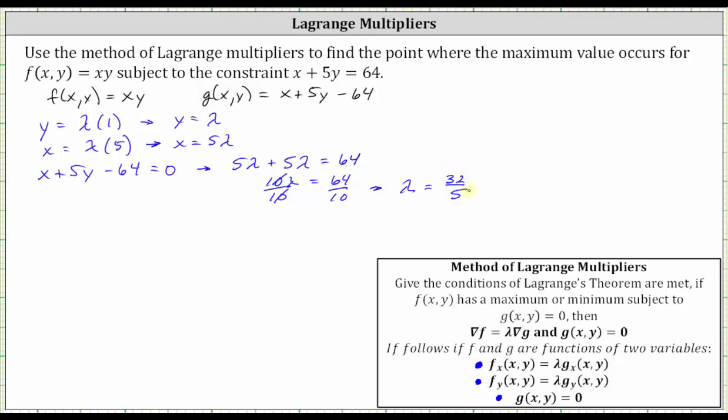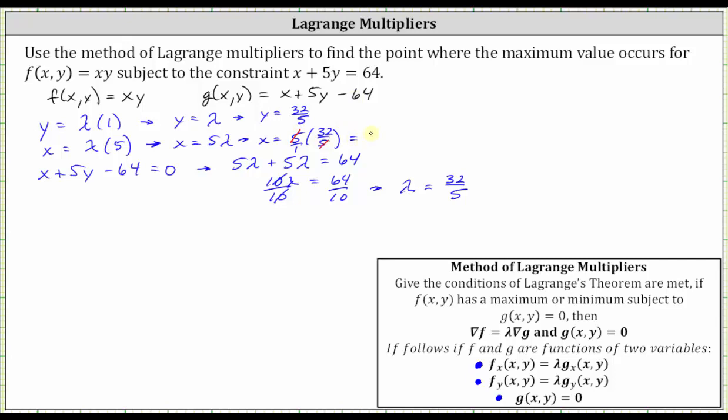Now that we know lambda is equal to 32 fifths, we can determine x and y. Notice y is equal to lambda, and therefore y is equal to 32 fifths. And x is equal to 5 times lambda. x is equal to 5 times 32 fifths. Simplifying before multiplying, 5 divided by 5 simplifies to 1.